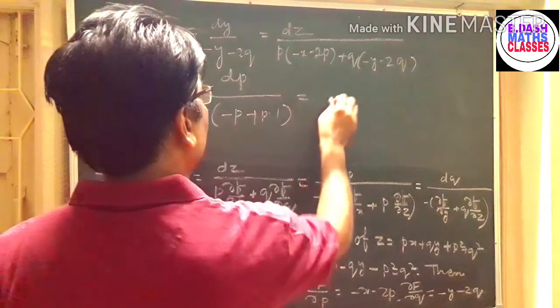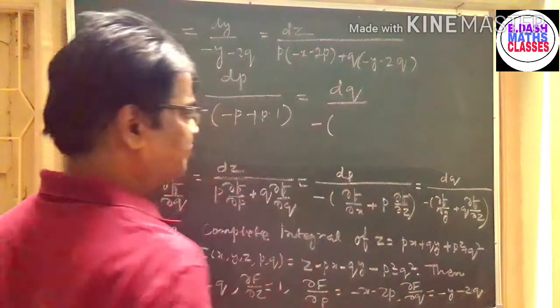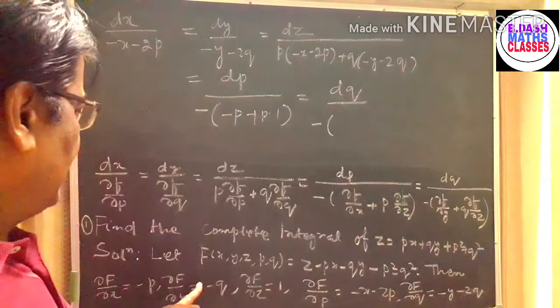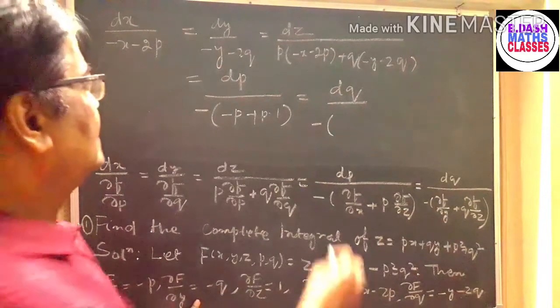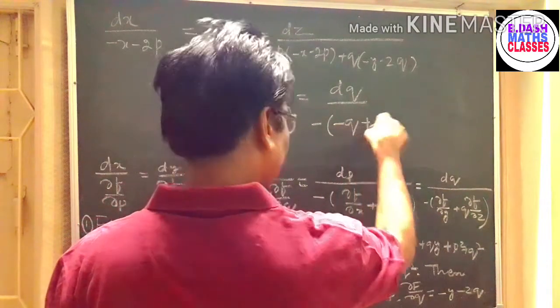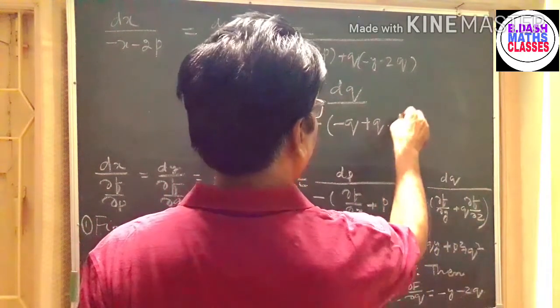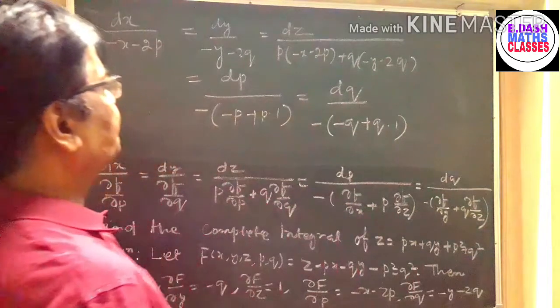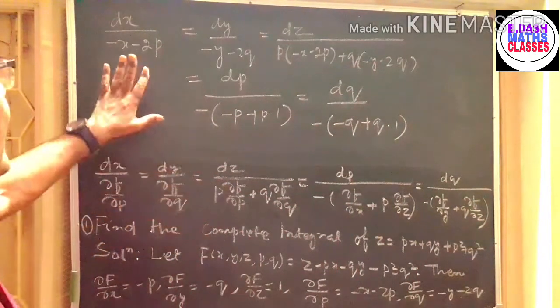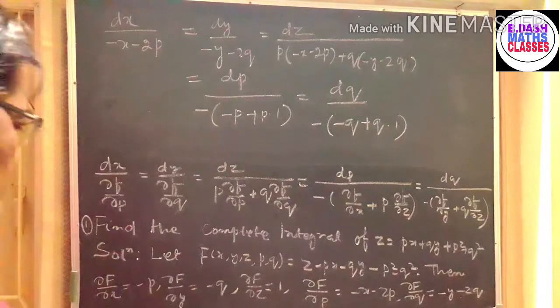This is equal to dq by minus del f by del y, this is minus q, plus q del f by del z, which is 1. So, our Charpit's equation for this problem is like this.